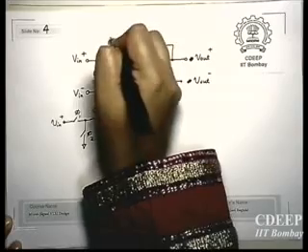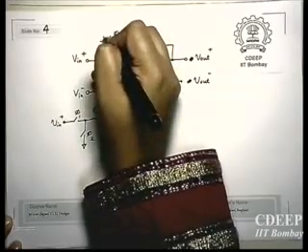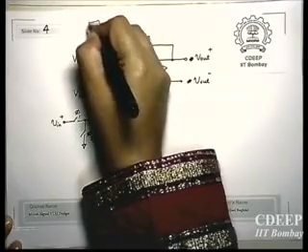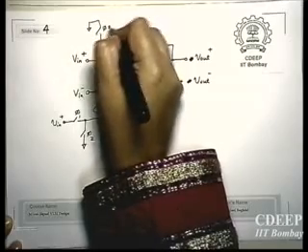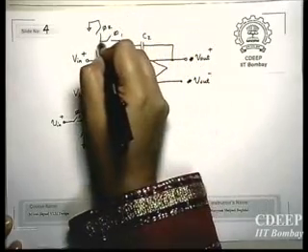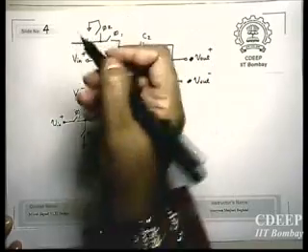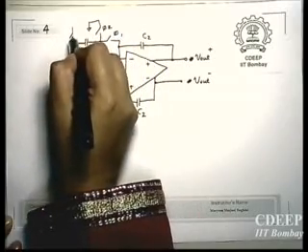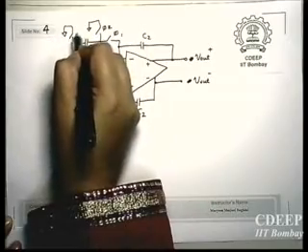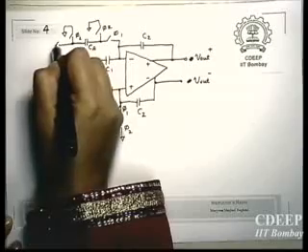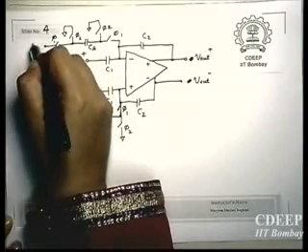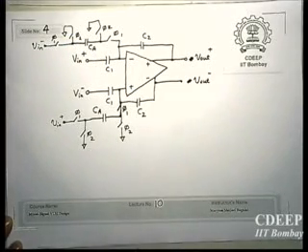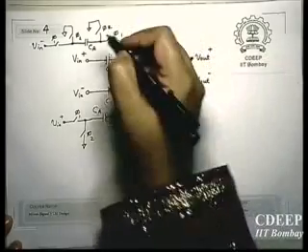So I just show it here, phi 1, phi 2, then capacitor CA, then again you will have phi 2 for ground connection and phi 1 for connection to input Vin minus, and only one is left which will be the resistance parallel to C2.